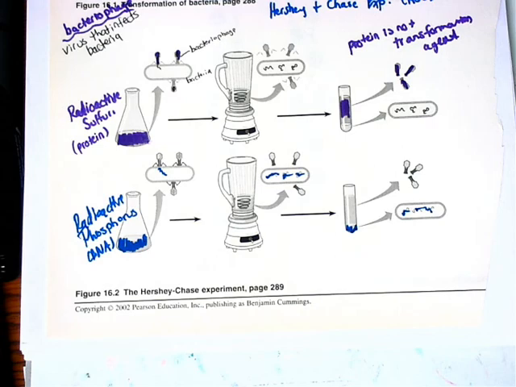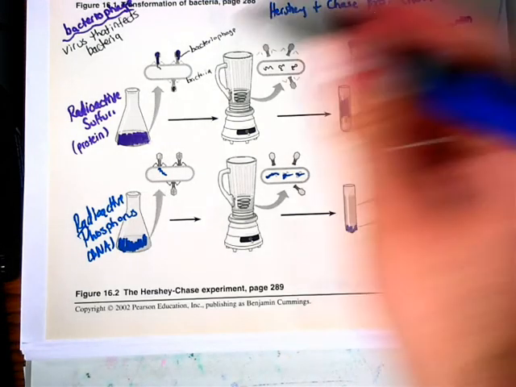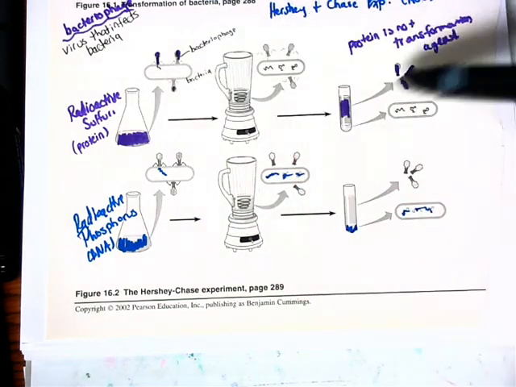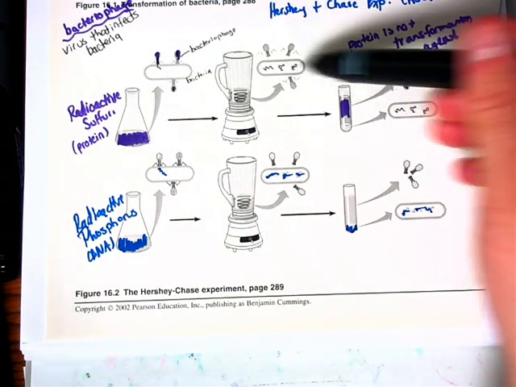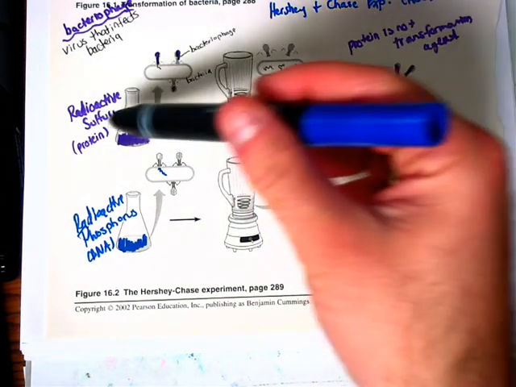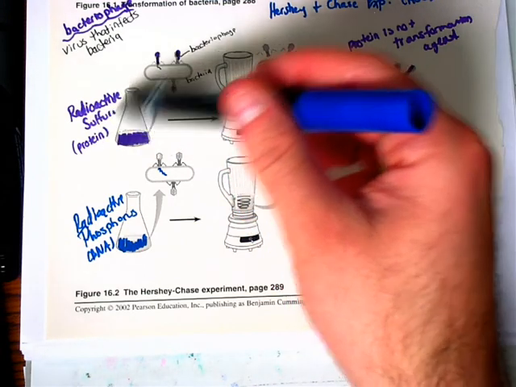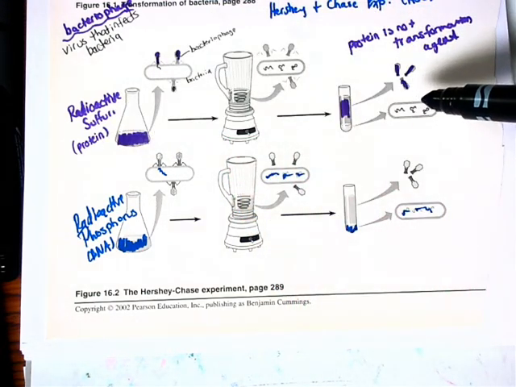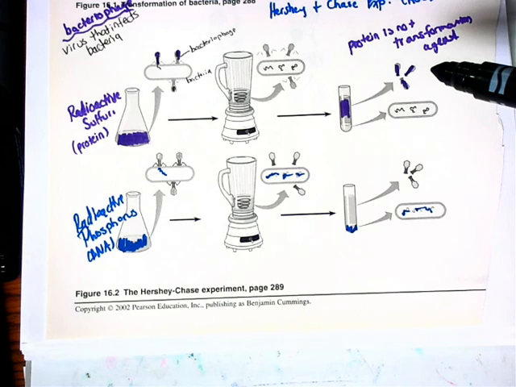Makes sense? You'll see from the no purple inside of these cells, the sulfur, the protein, never went inside of the bacteria cell. It can't be the transformation agent because it was never transforming the bacteria.